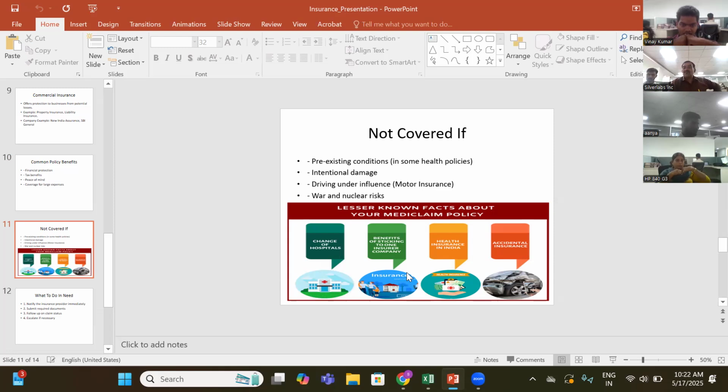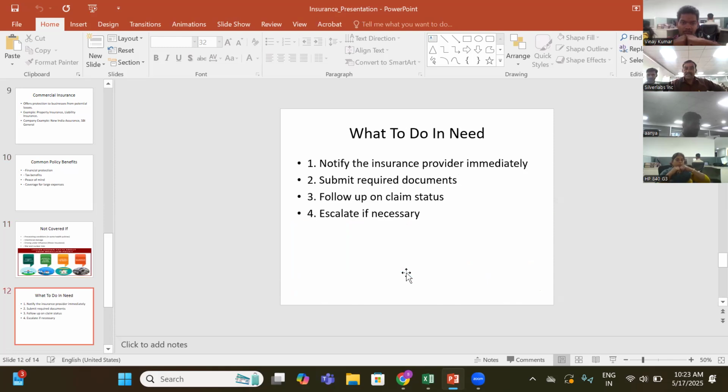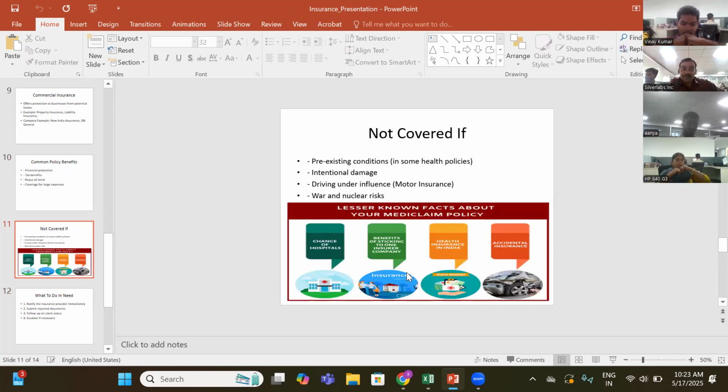Now, the company will not cover certain things, like if the individual has pre-existing conditions in some health policies. Suppose a policyholder, before taking a health policy, is suffering from certain diseases which are chronic in nature. Chronic means having it for a longer period, such as 4 years, 5 years, or 10 years.